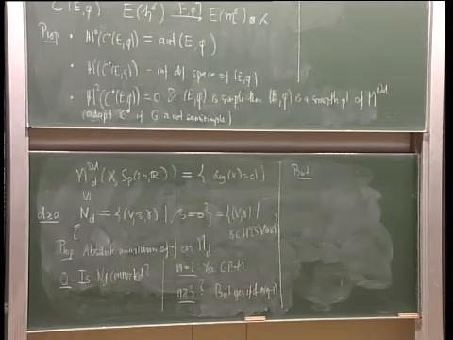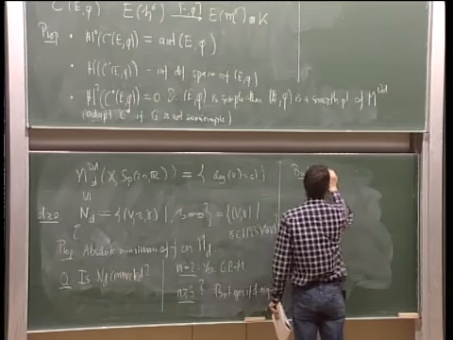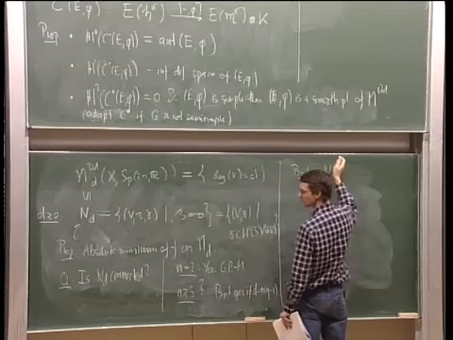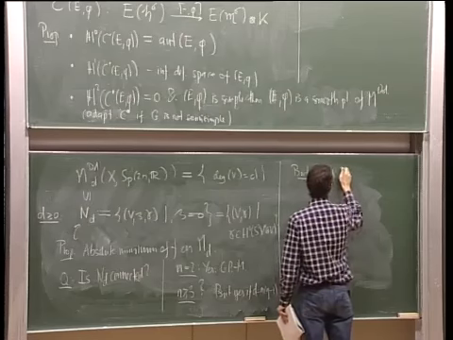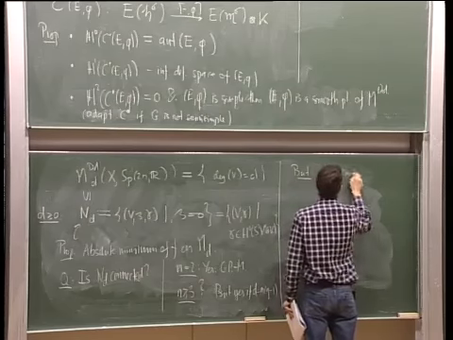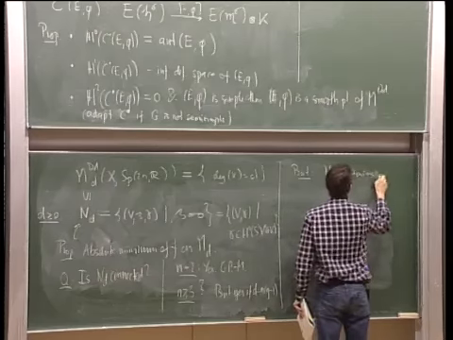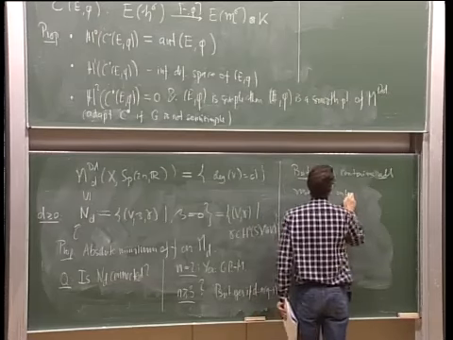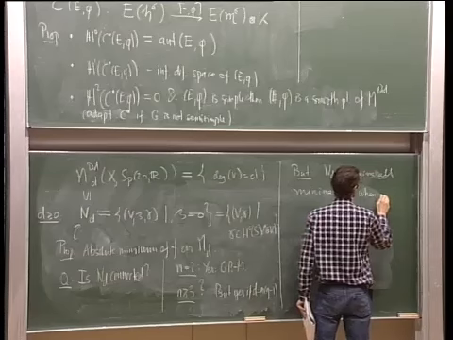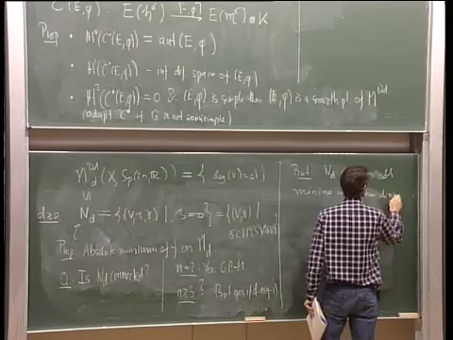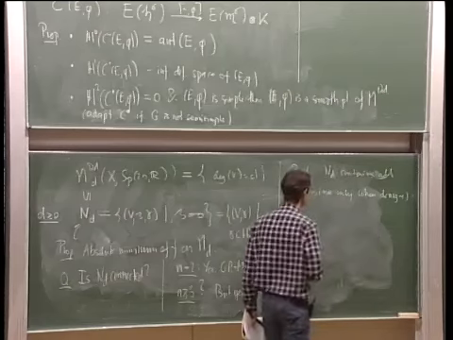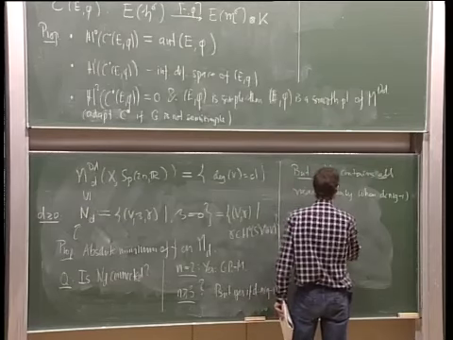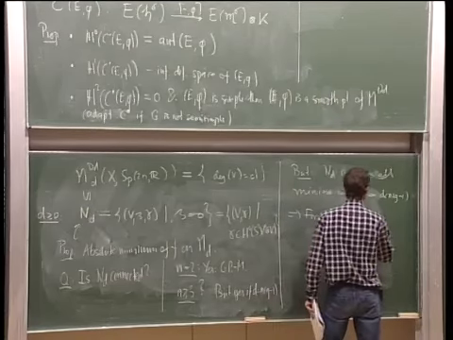So N_d contains all minima only when d is less than n times g minus 1. So for this maximal case, you get more connected components.